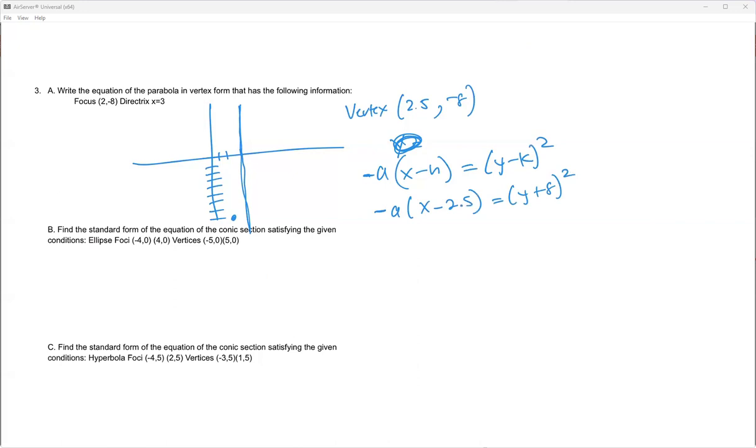Now, how do we find the a? Remember, the p is the distance from the vertex to the focus, right? So the p is equal to 1/2, correct? And then a is equal to 1/4p. I'm sorry, no, a is equal to 4p, right?